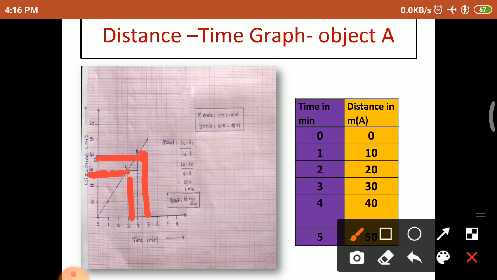So I write speed equal to S2 minus S1 divided by T2 minus T1. The value of S2 is 40, the value of S1 is 30. So 40 minus 30. The value of T2 is 4, T1 value is 3. So 4 minus 3.